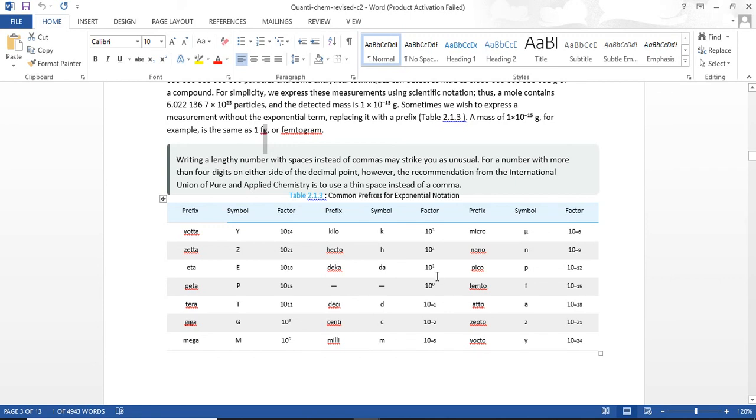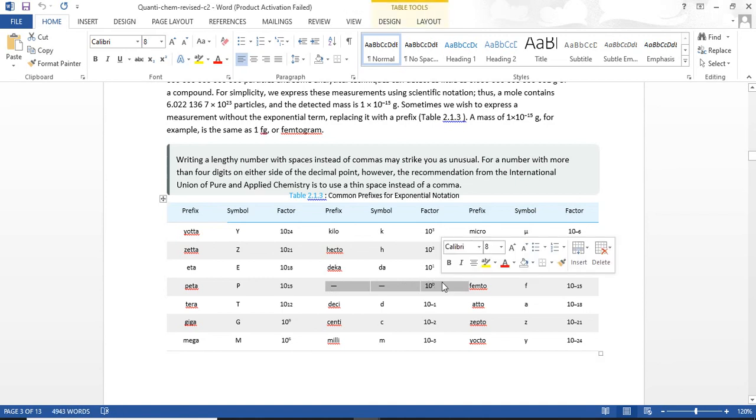Then you have here the equal value, or no change in the prefixes. For example, you have the unit grams. If the exponent is around 24, therefore it is yottagrams, capital Y, small g.